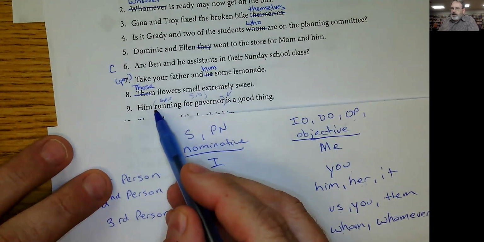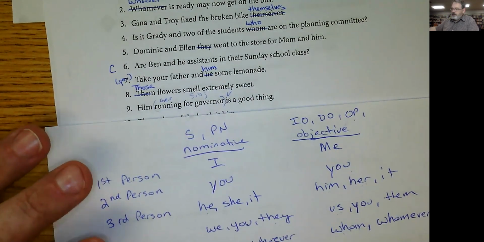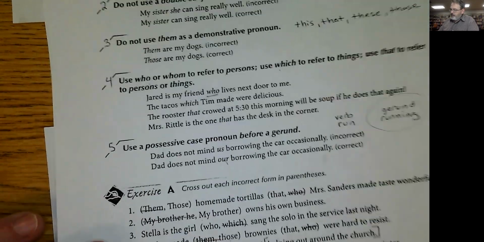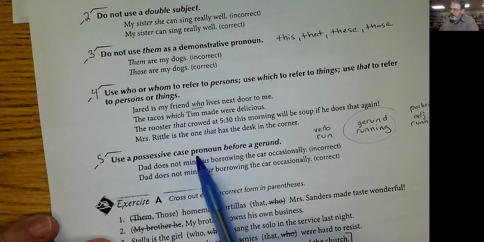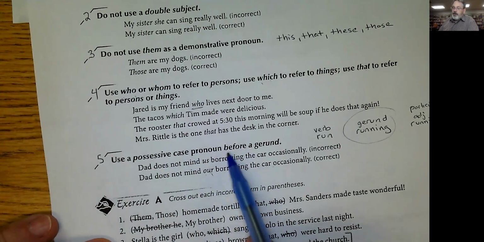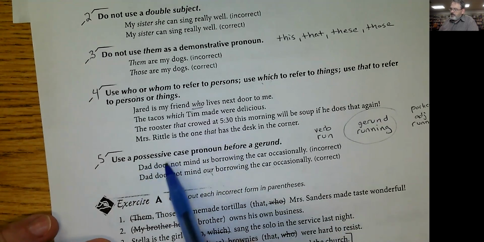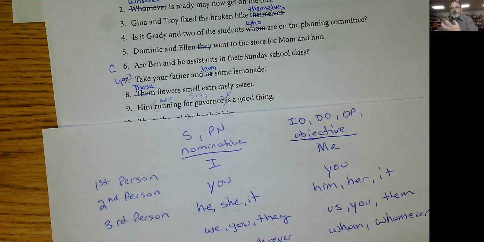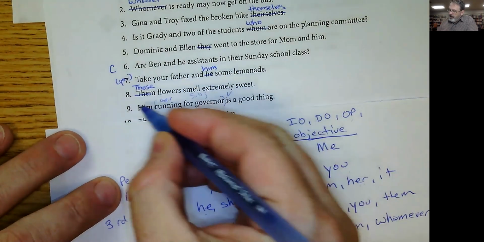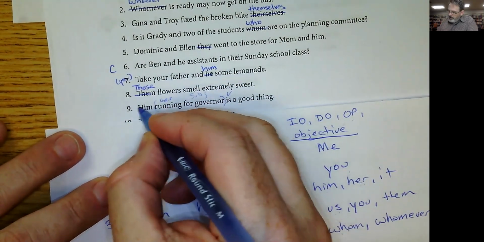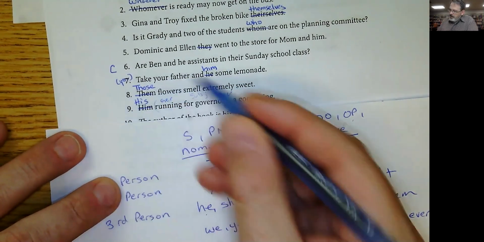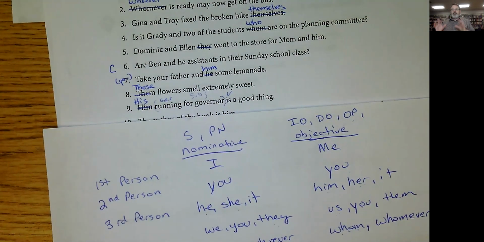So anytime you have, well, we can look at the rule because it's on the same page. Anytime you have a pronoun before the gerund, you have to use possessive case, which is ownership. So his, not him: his running for governor is a good thing. And it's simply because we have to say the pronoun before the gerund phrase running for governor. Okay, so that's the rule.